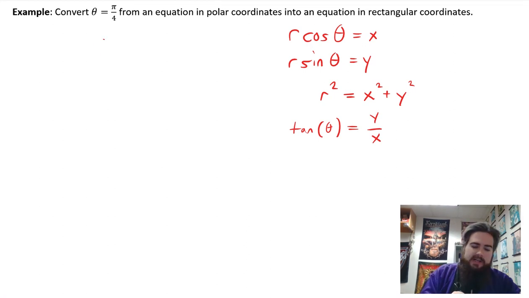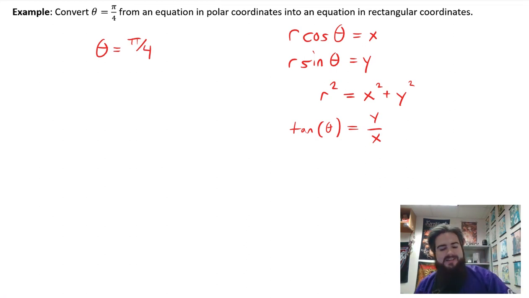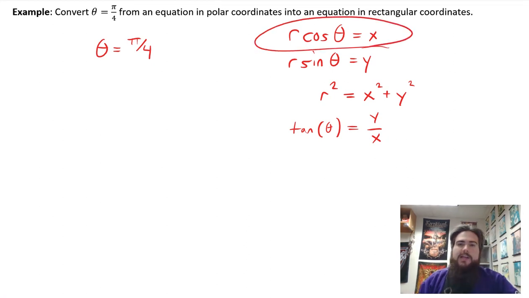Our goal will be to take this equation and try to do something to both sides so that maybe we can get it to look kind of like one of the equations on the right. Well, we do see theta represented in a few of these equations, such as r cosine of theta equals x.